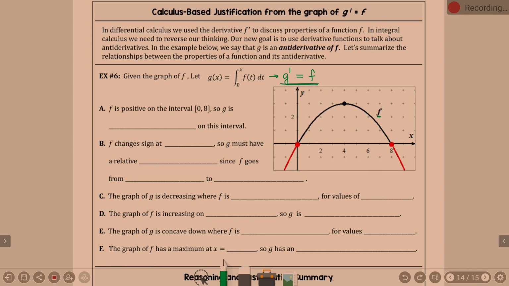Debate, do I want to label or do I want to figure it out as we go? I'll label as I go, I guess. F is positive on the interval from 0 to 8. Agreed? It's positive on the interval from 0 to 8 because it is above the x-axis. So G is blank on this interval.